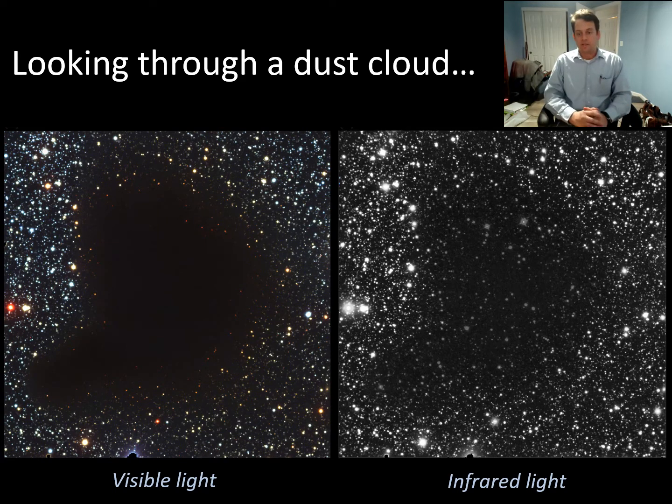In this case, infrared light has the great advantage of being able to make it through these clouds of interstellar gas. So if you want to see behind it, you construct a telescope that's going to capture that infrared light, and you analyze that, and you can get a very different picture than what you would get just by analyzing the visible spectrum.